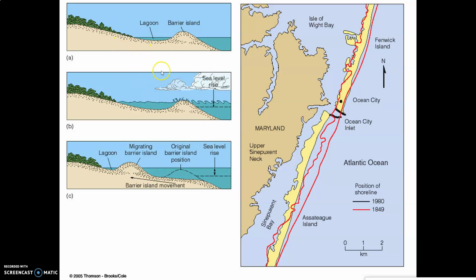Here is an example at a given sea level, and as sea level migrates landward, it erodes this barrier island, and you get a new barrier island that's created, and the lagoon also migrated landward as well.